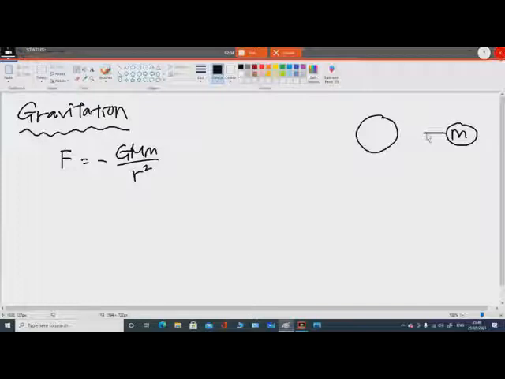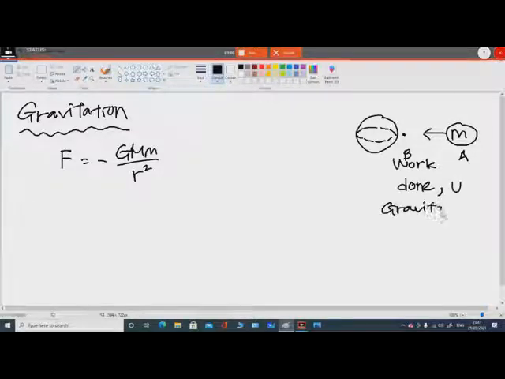The energy, or we call it work done, for the Earth to move this object from A to B. This one will be denoted as B. The work done to move from A to B is what we call gravitational potential energy.